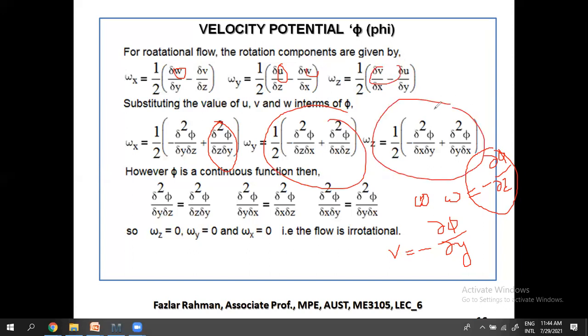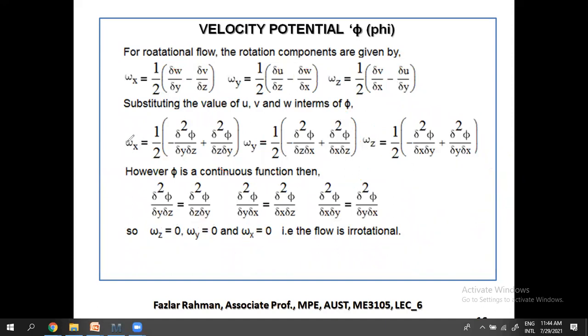So if the flow is irrotational, then what will happen? This equals 0, this equals 0, this equals 0, right? If this is 0, that means this term equals this term, this term equals this term, and this term equals this term.